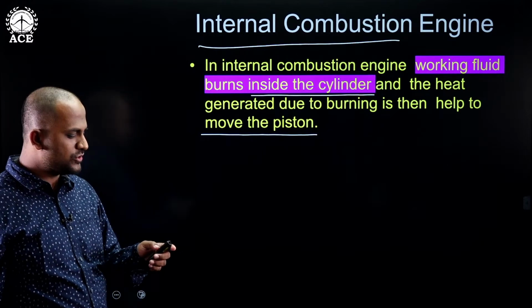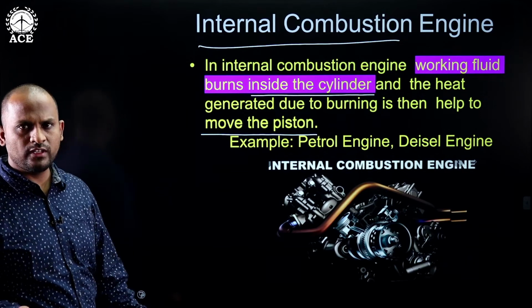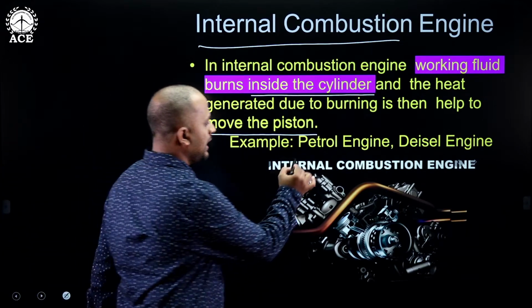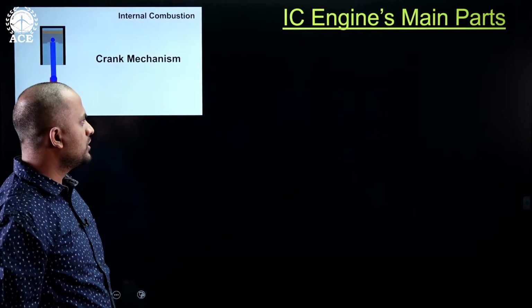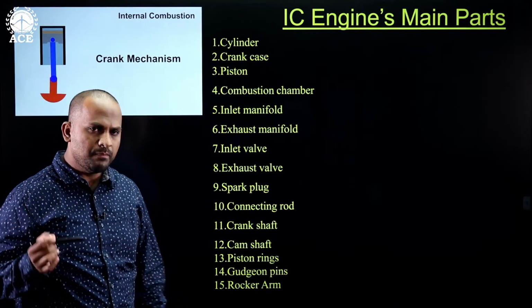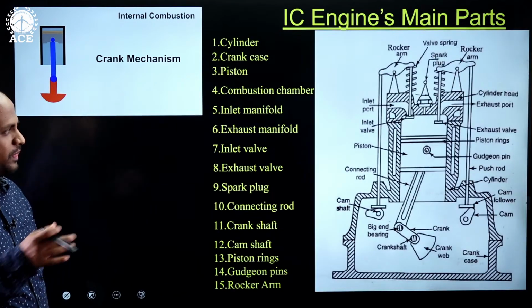That is what an internal combustion engine is. Examples are, as we all know, in automobiles, petrol engines and diesel engines are all internal combustion engines. Now let's see what are the main parts of the internal combustion engine.